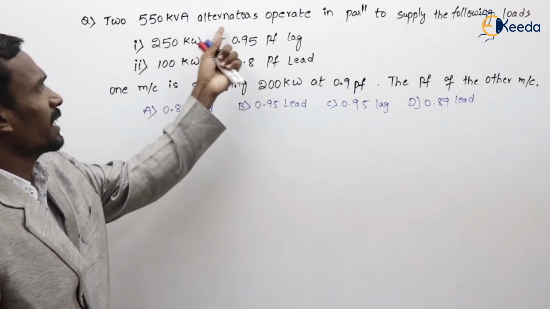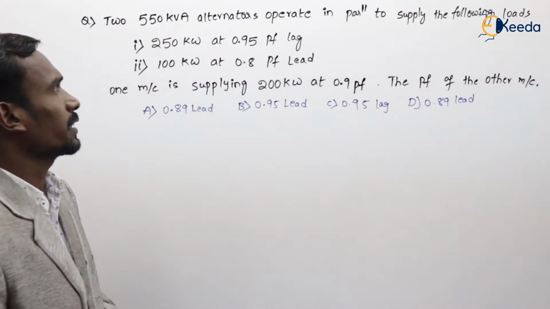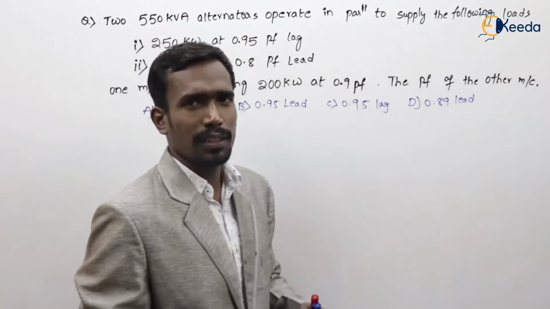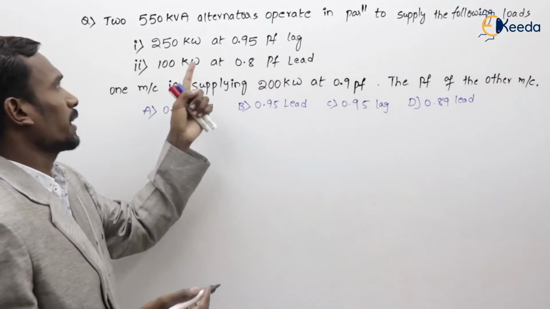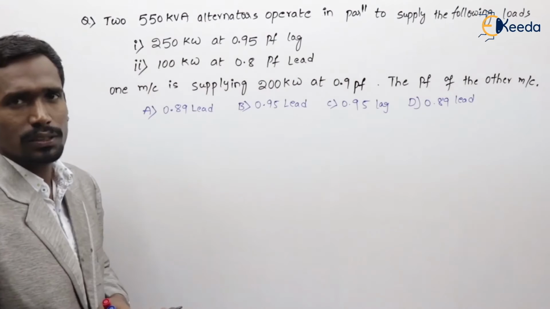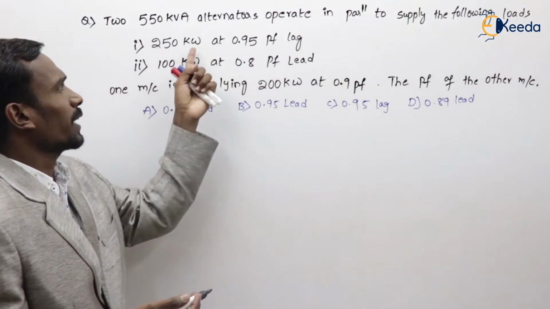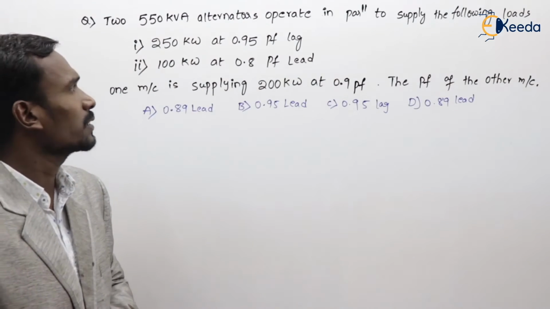Two 550 kVA alternators operate in parallel to supply the following loads. One is 250 kilowatts at 0.95 power factor lagging.